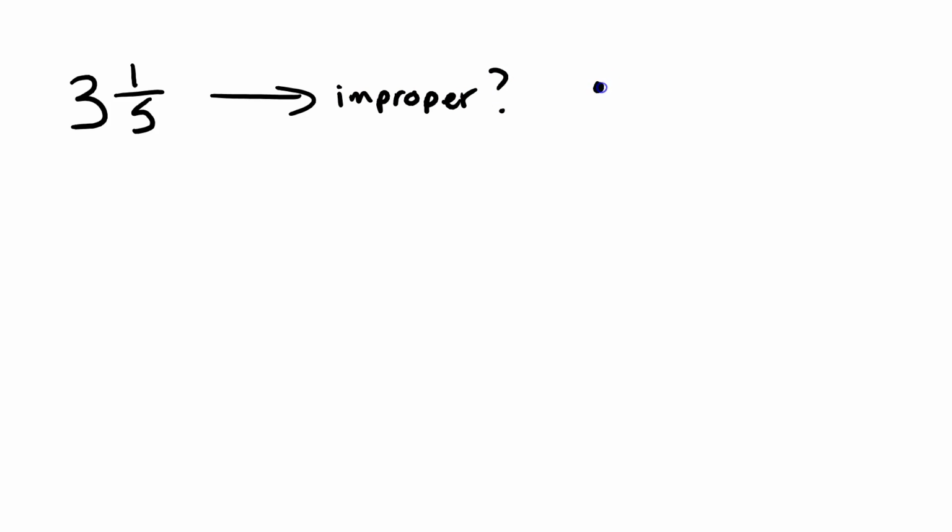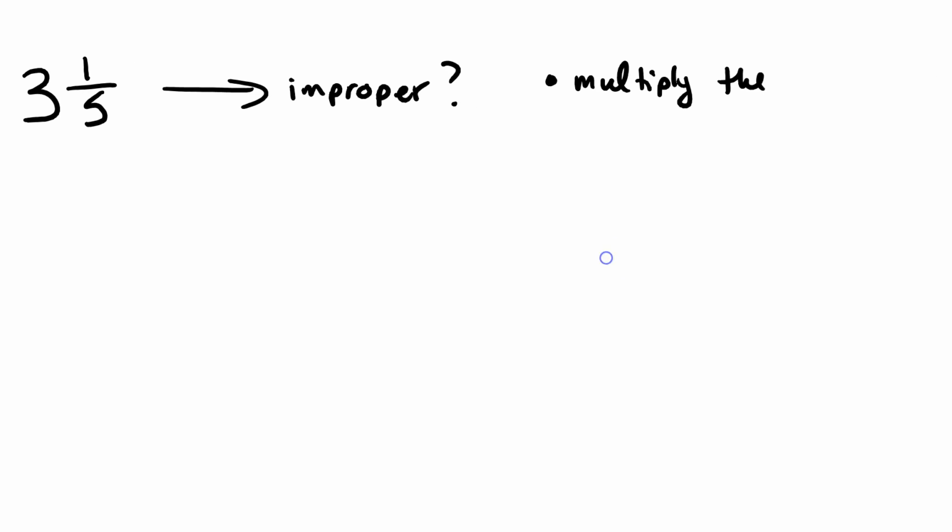So, if I'm given something like 3 and 1/5, how do I get that into an improper fraction? Step number 1: multiply the big number by the denominator.